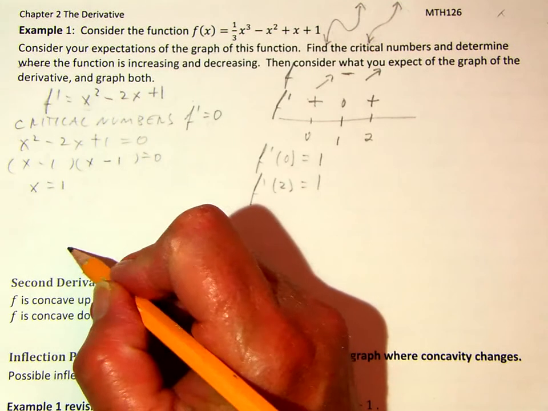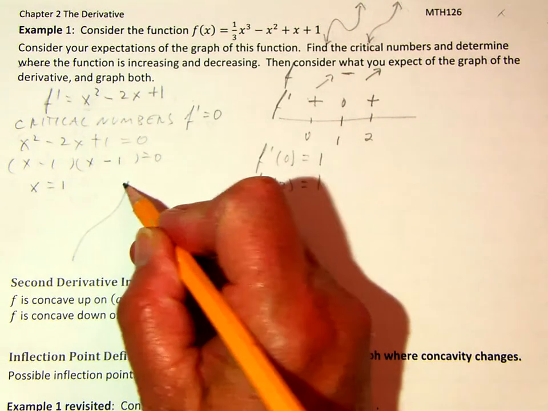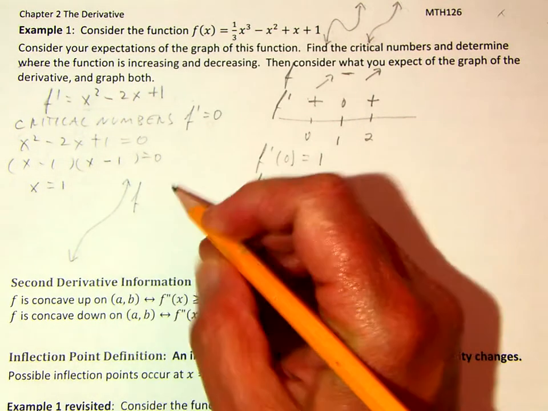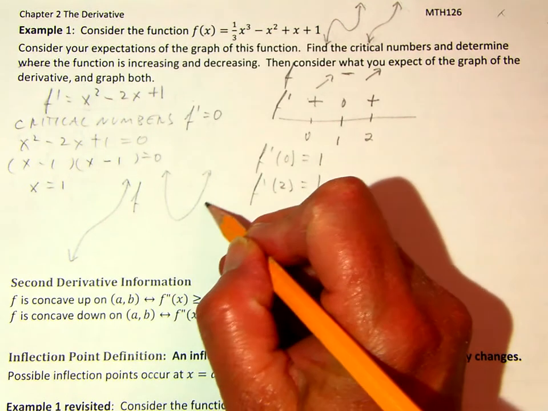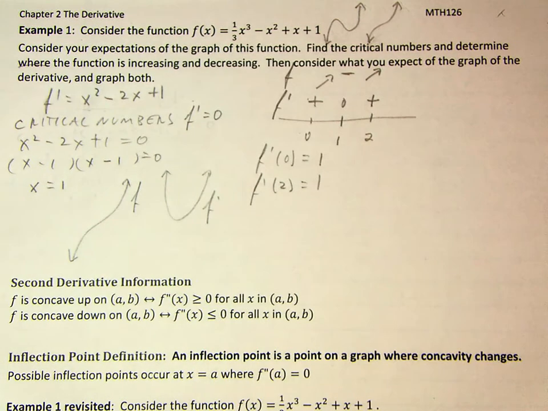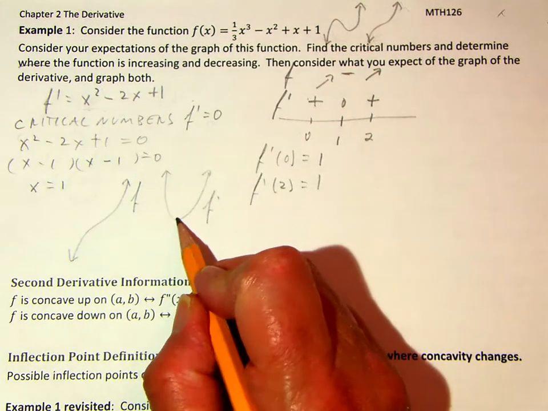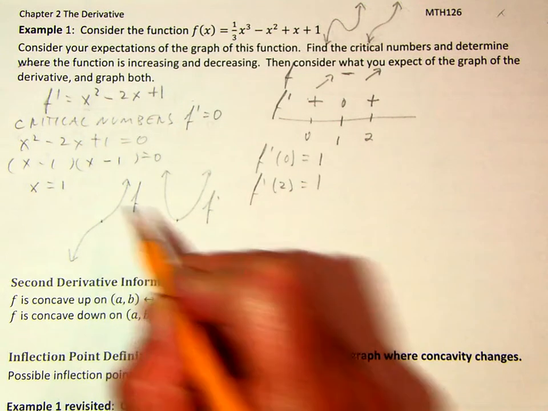So here's the graph of the function, and here's the graph of the derivative. And this point is that point.